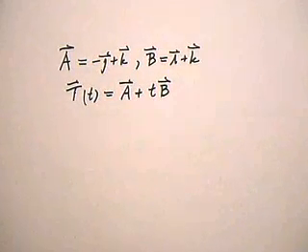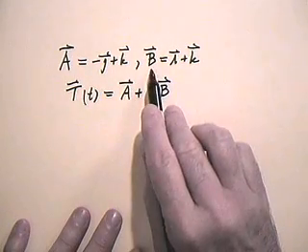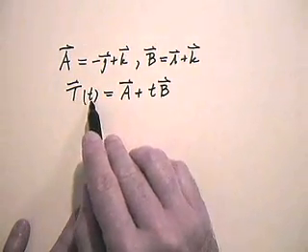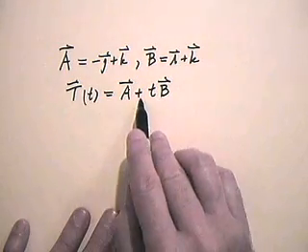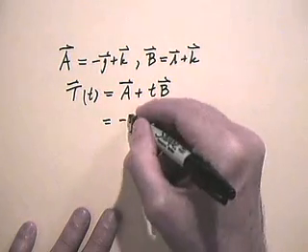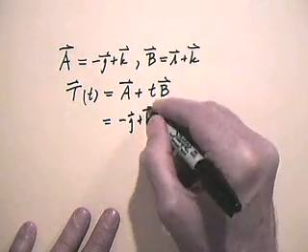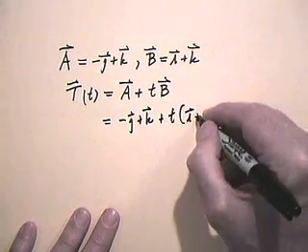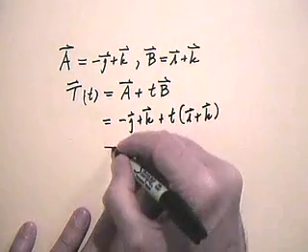So vector A is negative j plus k. Vector B we've computed as i plus k, and our parameterization T of the tangent line is simply A plus tB. So that means we get negative j plus k plus t times i plus k.